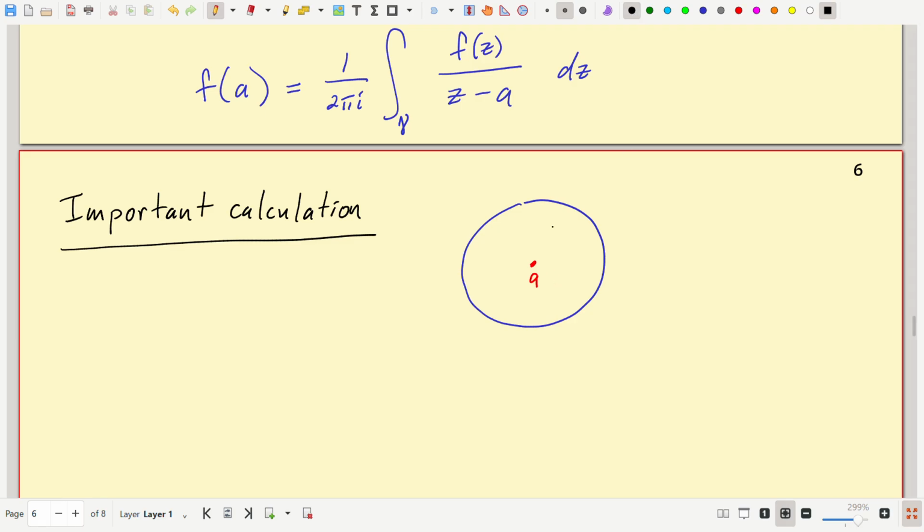Let's take the radius to be r. So this is going to be a circle. I'll call this circle C_r of a. That's going to be parametrized by z of t equals a plus r e to the it, as t goes from 0 to 2 pi.